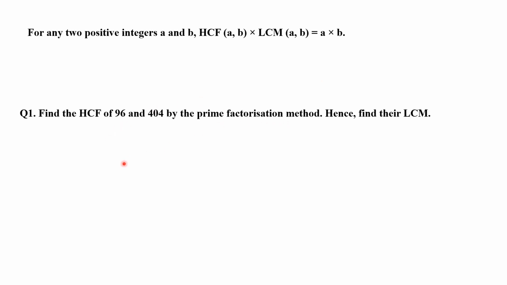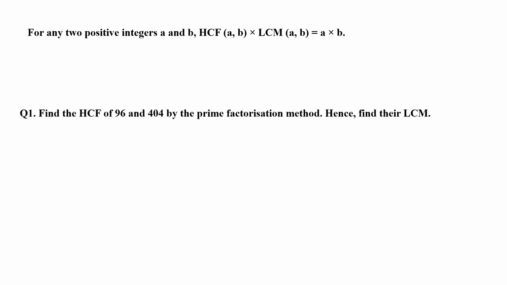You have to find the HCF of 96 and 404 by the prime factorization method. And after finding the HCF, you have to find the LCM. So here, once I get the HCF, I can use this relation to find the LCM, isn't it? So let's start. First, we have to do the prime factorization of 96 and 404.